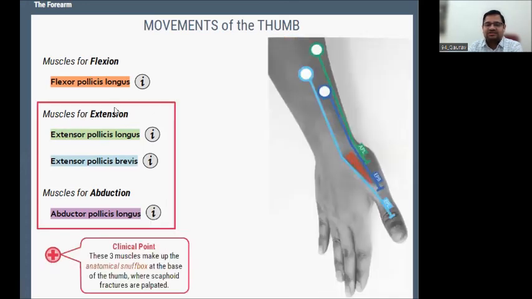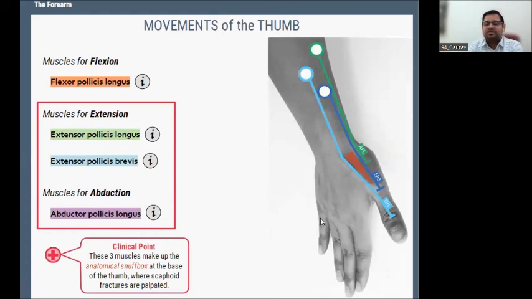These three muscles, especially for extension and abduction, make up the anatomical snuffbox at the base of the thumb, where a scaphoid fracture can be palpated. This particular triangular area is formed by these three muscles. We have also seen them as the outcropping muscles, and they form the anatomical snuffbox.